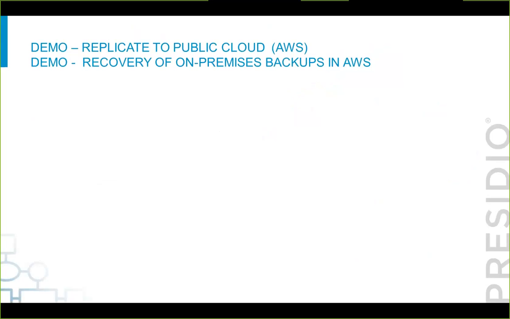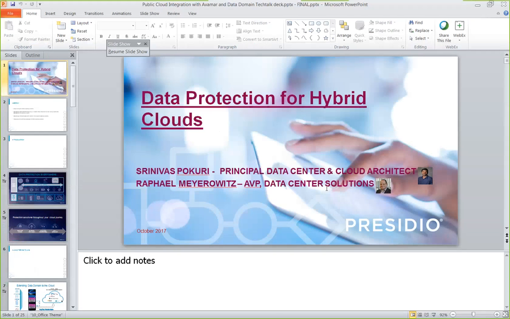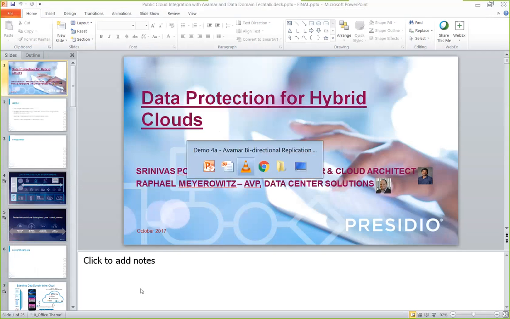Right. Okay, so now we want to demo the capability of replicating into the public cloud, as well as the capability of being able to restore the replicated data in the public cloud.